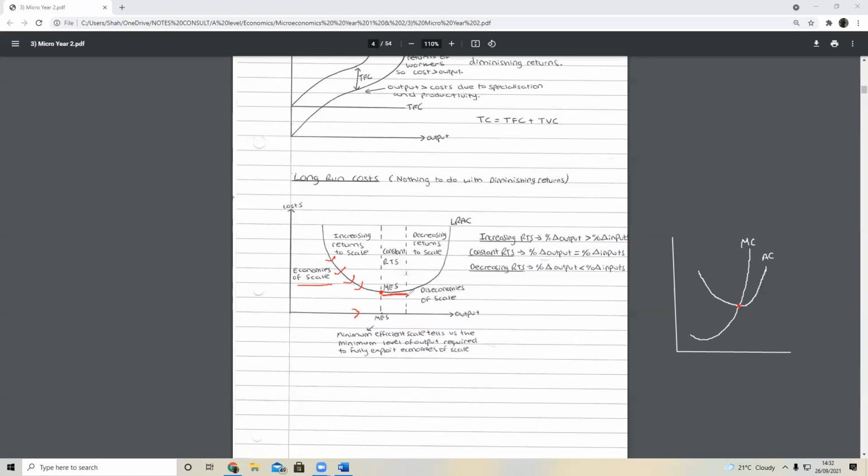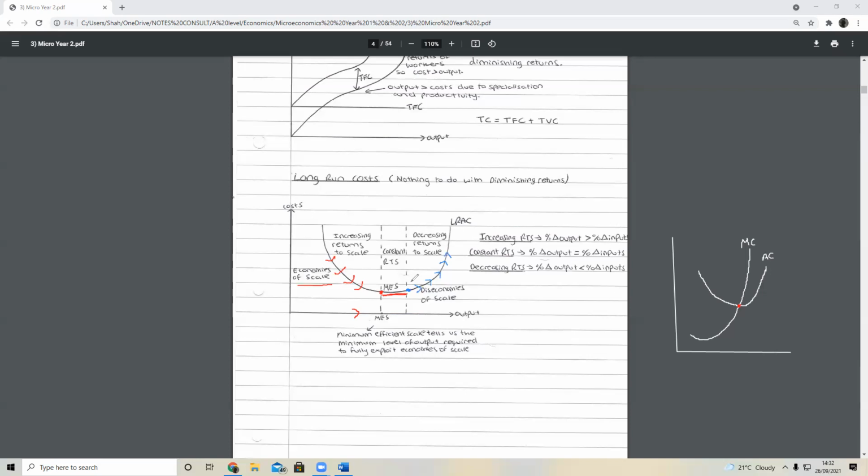Now, after we come to this point and start to produce beyond this constant return to scale, we're producing way too much output.